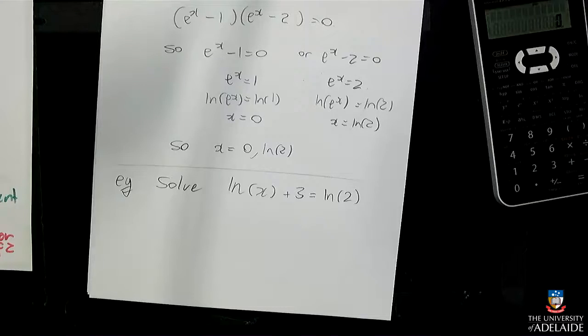Well, adding 3 to the ln should correspond to multiplying the x by something. Yeah, I don't know what to do there. But I guess if I put the ln's together, I might have a chance. So let's give this a go.